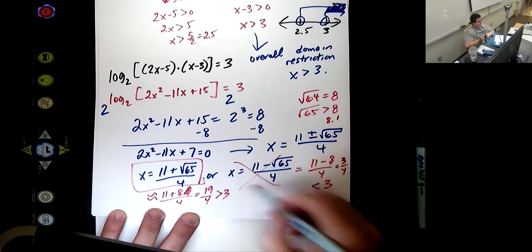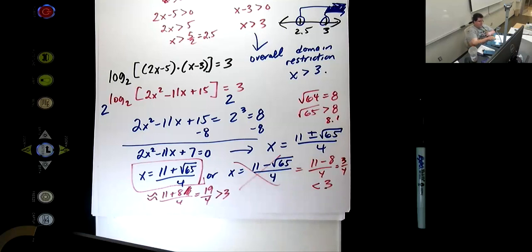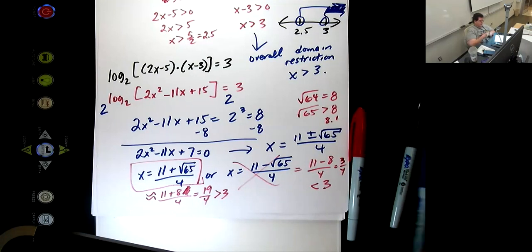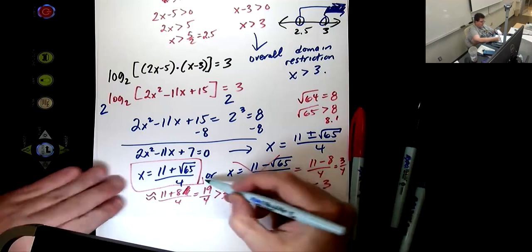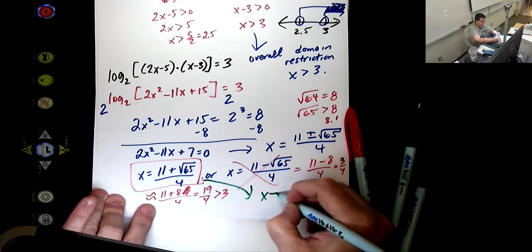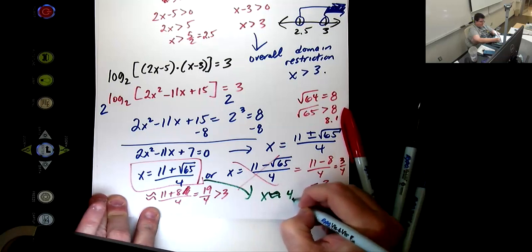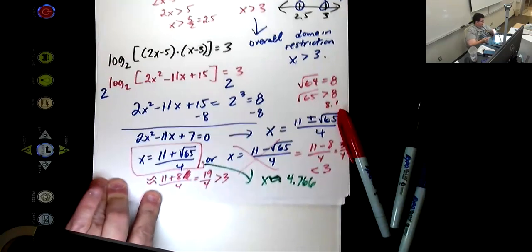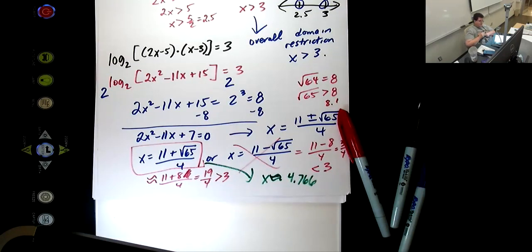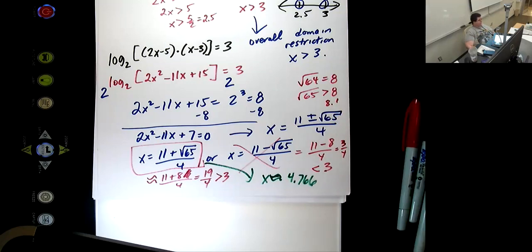So that one's out. The actual decimal value of this is approximately 4.766. I used the quadratic formula and I didn't write out all the steps. I just sped it up.